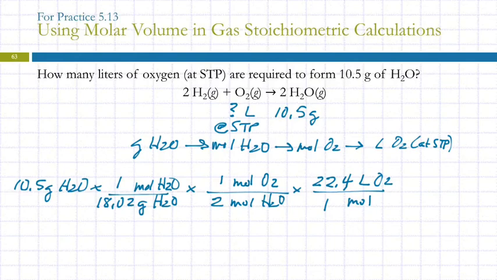So 10.5 divided by 18.02 divided by 2 times 22.4 equals 6.53 liters of oxygen.